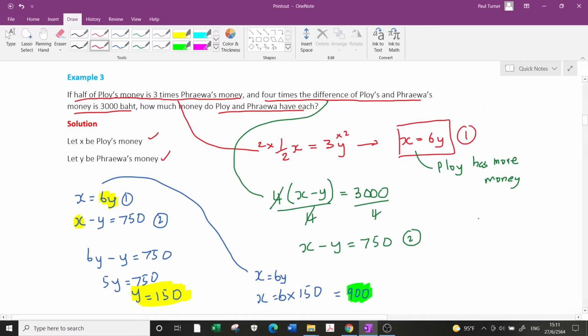So we should write it out. So Ploy's money is x, which is 900 baht. And Prawa's money is 150 baht there. And again, you should put these numbers back into the original statements and check they are satisfying those statements.